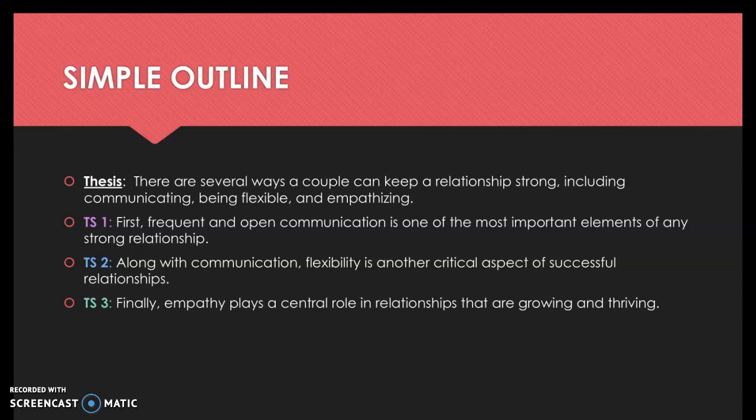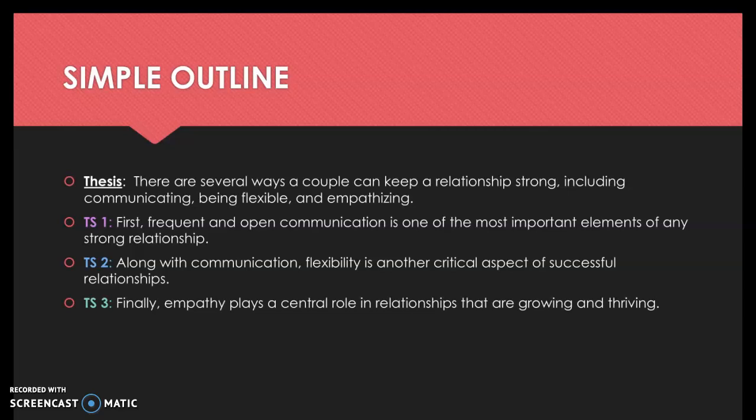But then you have a series of 3 different topic sentences, which are providing those guideposts along the way, which keep your argument flowing in a nice, logical, coherent way. The first topic sentence says, first, frequent and open communication is one of the most important elements of any strong relationship. And then you'll see the second topic sentence.